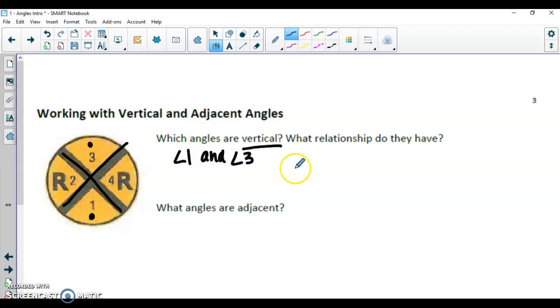Which other set of angles are vertical? The other set of angles that are vertical across from each other, opposite, are angles 2 and angle 4. The next question is, what relationship do they have? If you remember, vertical angles are going to be congruent, so they are congruent.